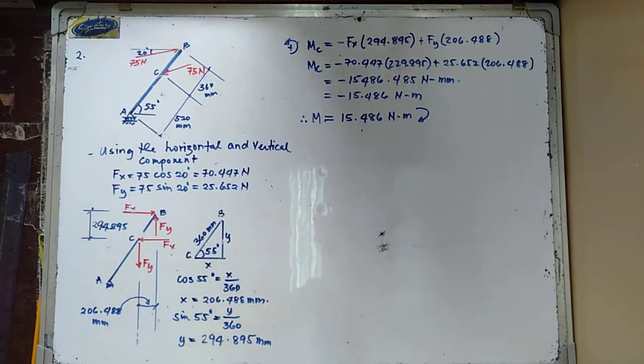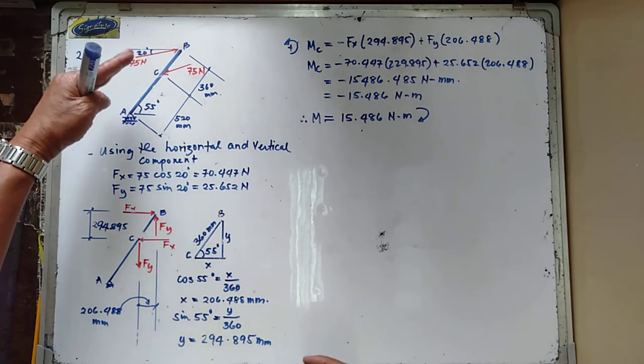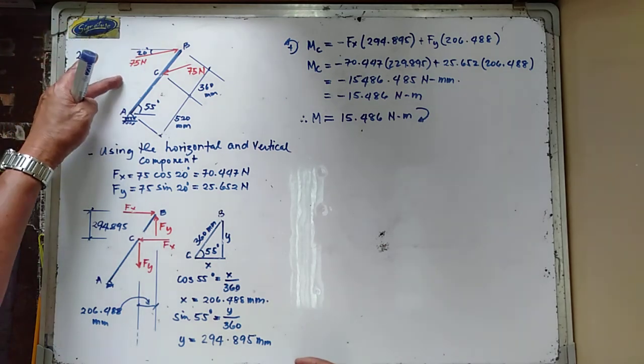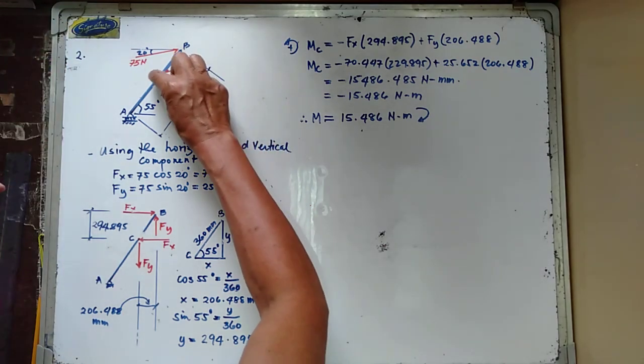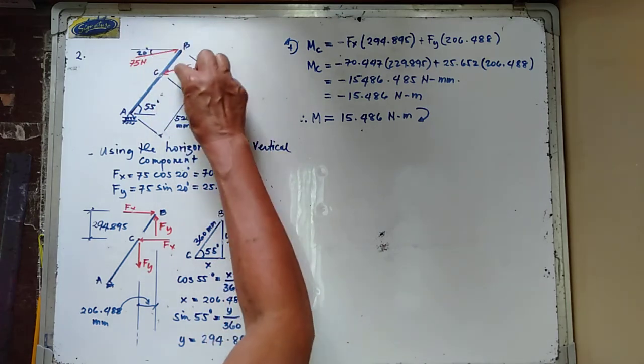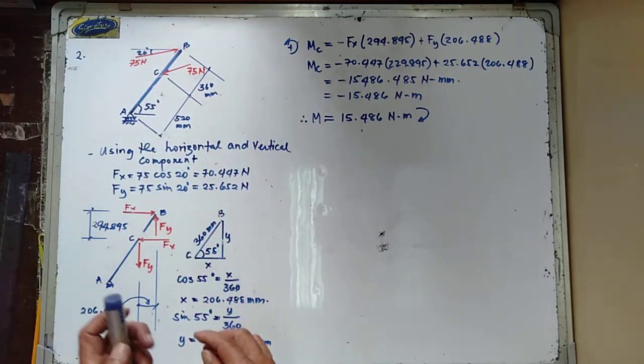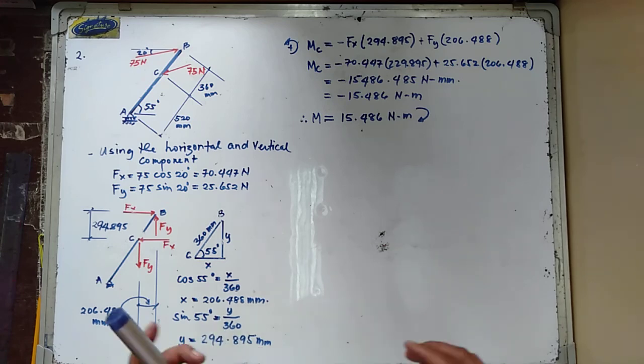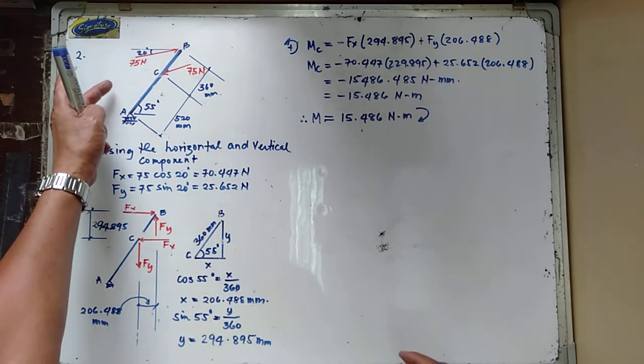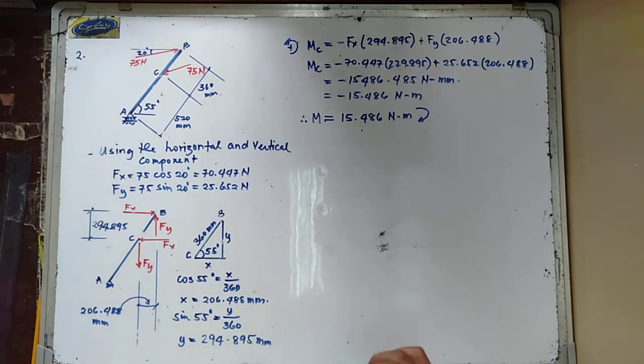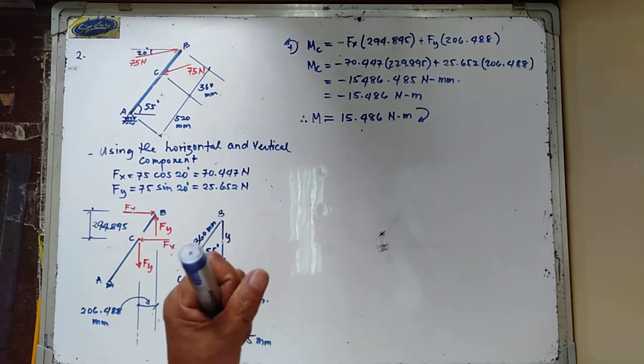And if you try to verify the original figure, the couple is going clockwise. So that is the original figure of this problem. So it is 15.486 Newton meter clockwise.